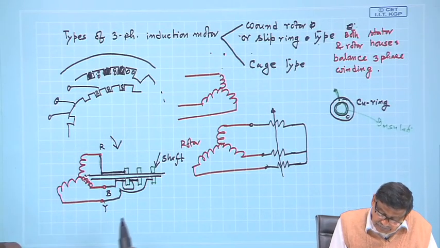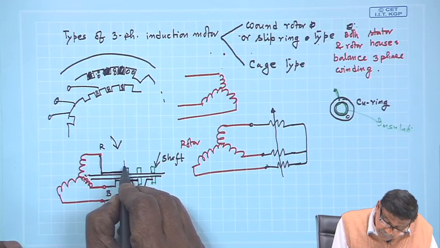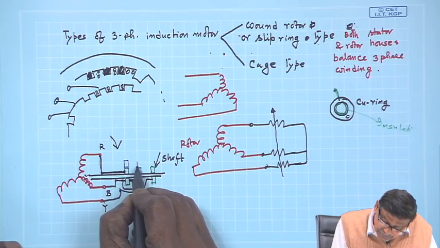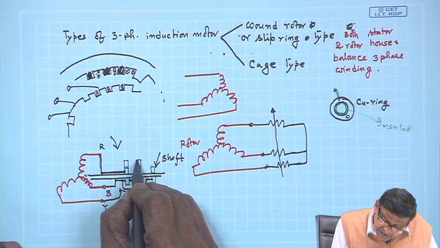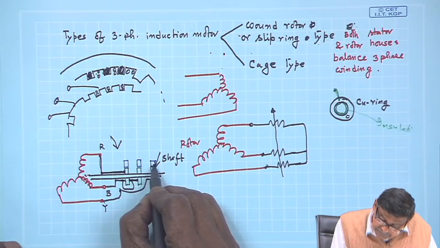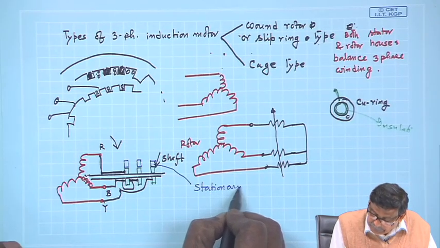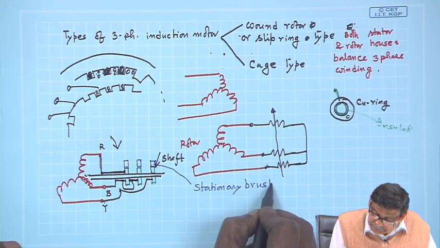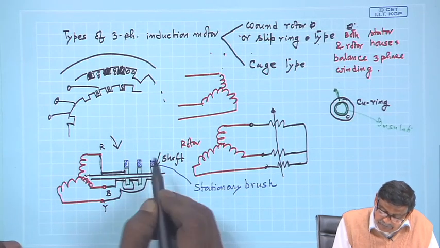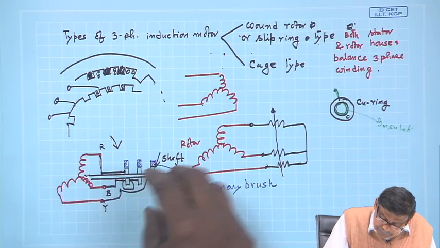What you do is this: now you connect some brushes, which I am showing in blue, stationary brushes. This blue one, carbon brush, you connect. With a spring holder arrangement, you push it on these rings.